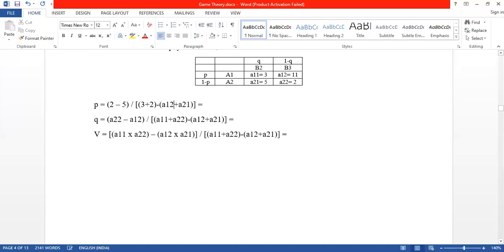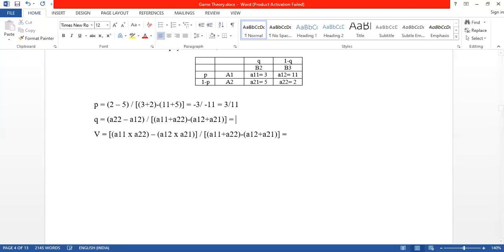A12 is 11 and A21 is 5. So it is 2 minus 5 is minus 3 divided by, see, 3 plus 2 is 5 minus 16, that means minus 11. So the answer is 3 by 11.